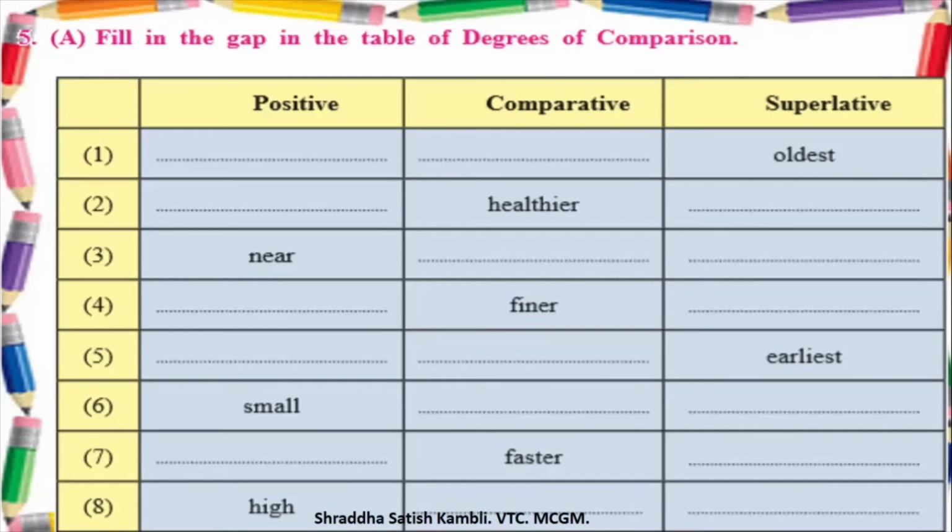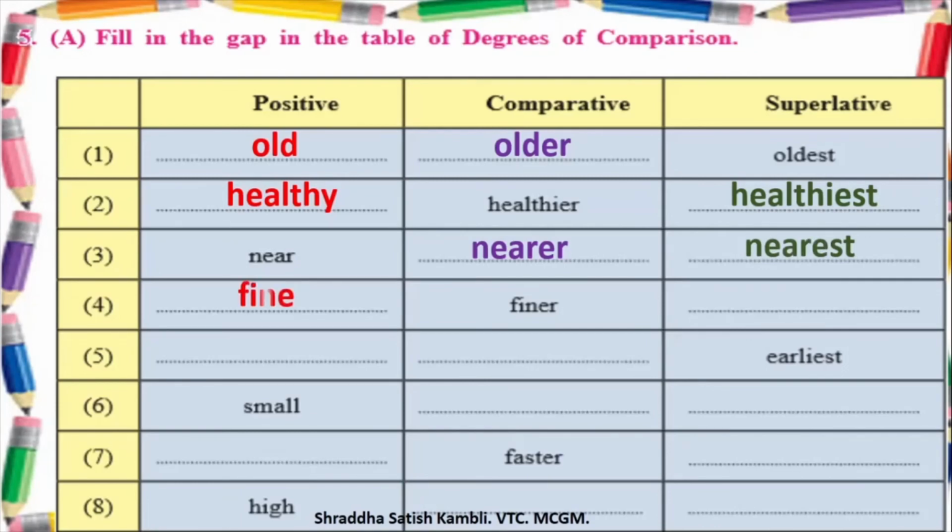So the first one you have old, older, the oldest. Then you have healthy, healthier, the healthiest. Near, nearer, nearest. Fine, finer, finest. Then you have early, earlier, earliest.